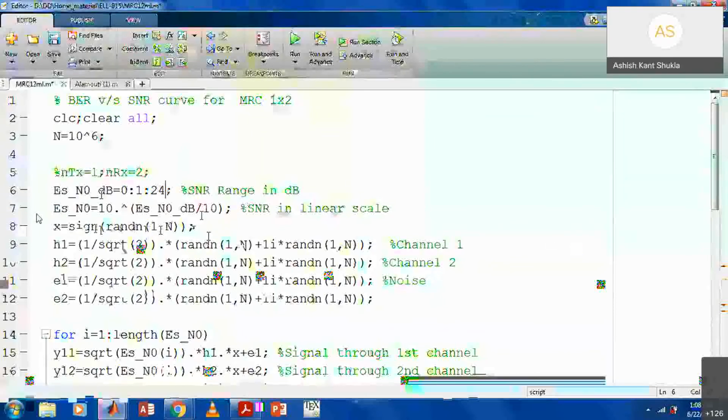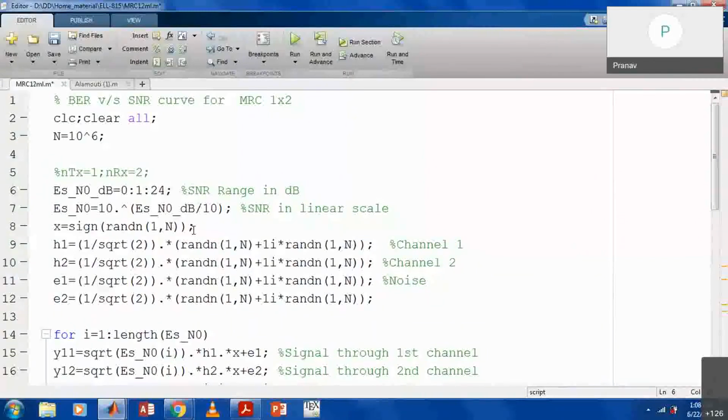Then in line number 7, we are converting the bits to -1 and 1. In line number 9, we have generated the first symbol. You all know about the generation of symbols from the earlier codes, so there is nothing to discuss here on how to generate a channel. H2 is the second channel because it is a 1 cross 2 setup, so we are generating 2 channels. Similarly, since we are generating 2 channels, there will be 2 noises also.